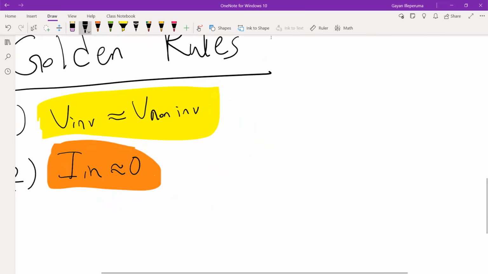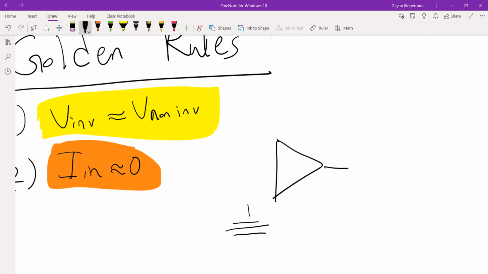For example, let me ask you this. Now I have an op-amp. Let's connect a 3-volt battery here, and another battery here, let's say 6 volt.